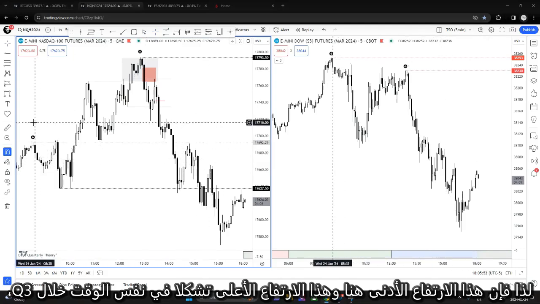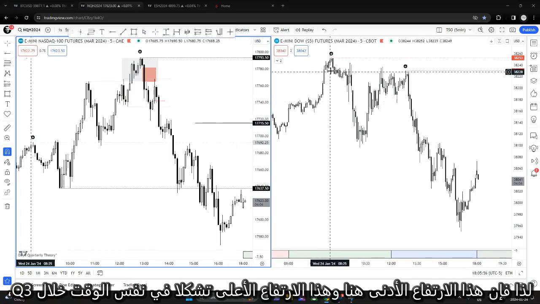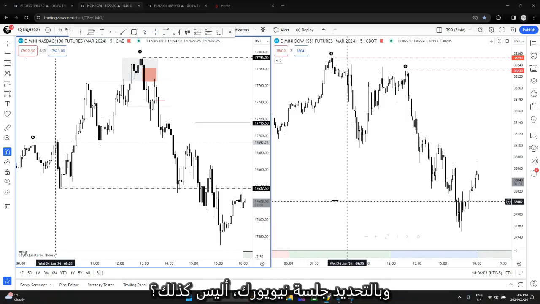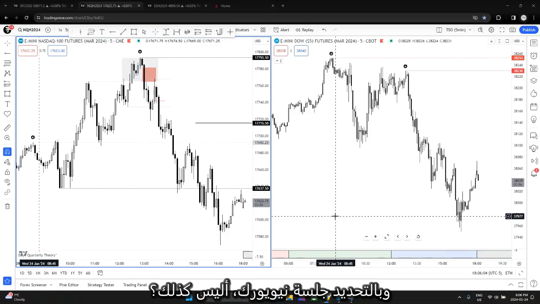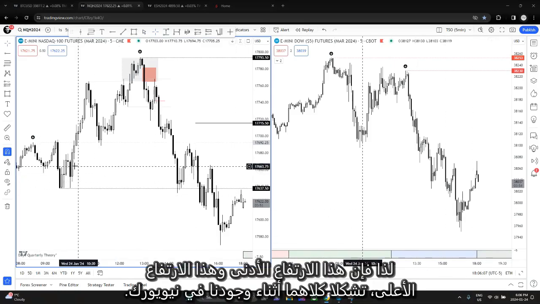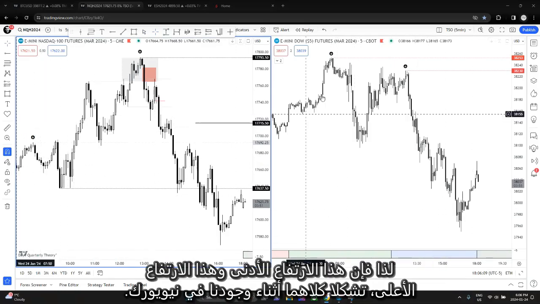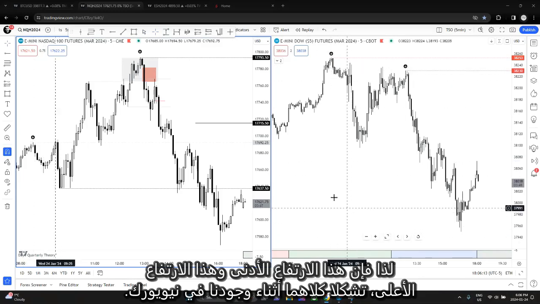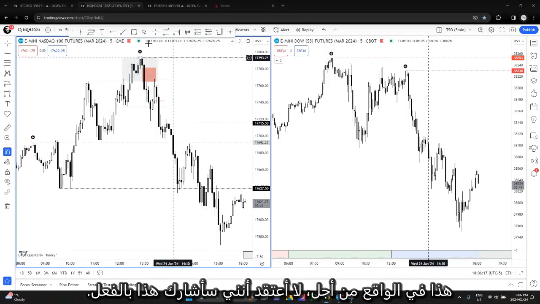So this lower high right here and this higher high formed at the same time during Q3, more specifically New York session, right? So this lower high and this higher high, they both formed during New York. This is actually fire.